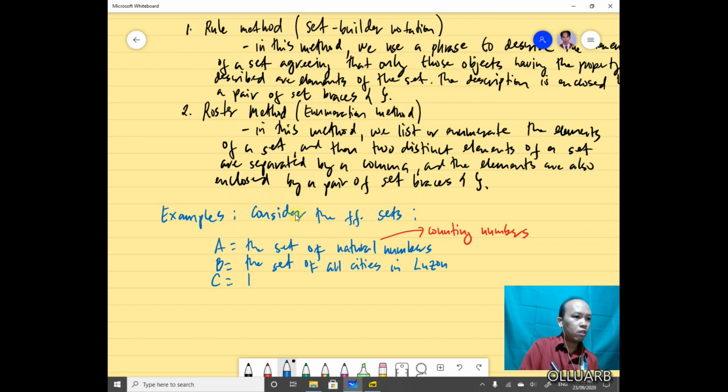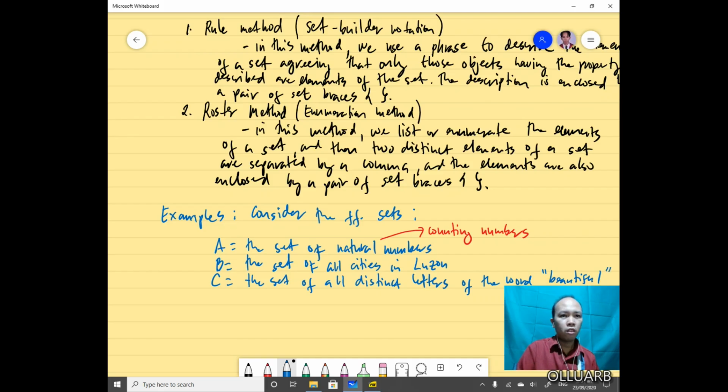Letter C, the set of all distinct letters of the word, say, beautiful.